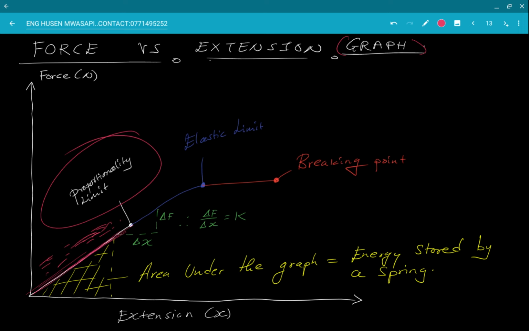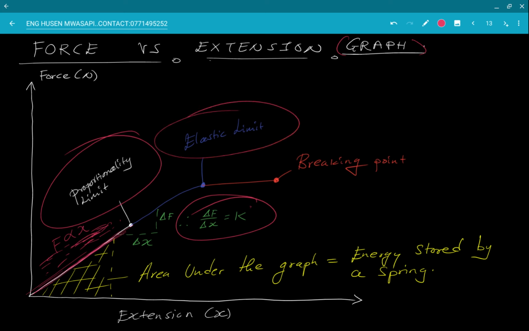Here the force is directly proportional to the extension of the material. But be mindful that the gradient on this line will always give you the spring constant, the K, the measure of how stiff that material or spring is.